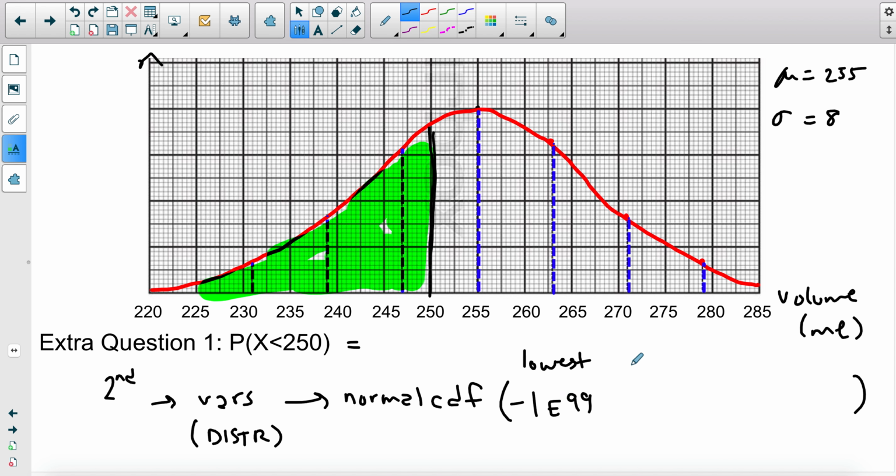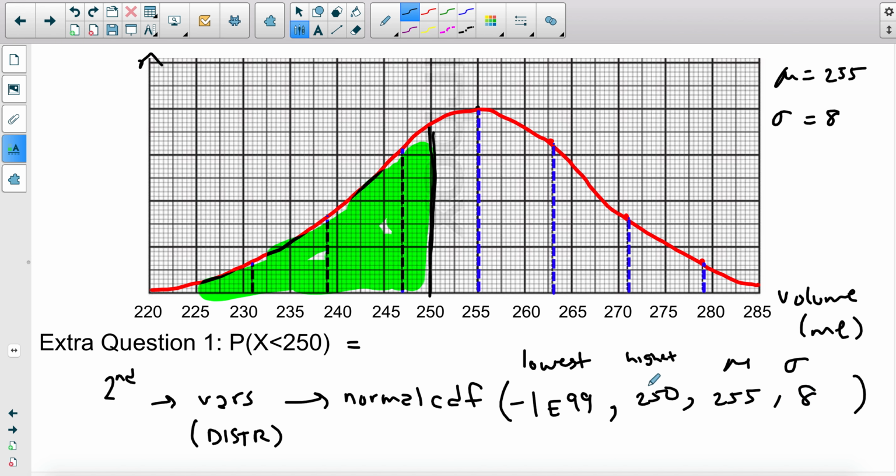So you have your lowest value, you have your highest value. So we are taking all the volumes from negative infinity up to 250. So this is why we highlight our graph, because you can see clearly what your lowest and highest values are. So 250, and then you write your mean, which is 255, and then your standard deviation, which is 8.